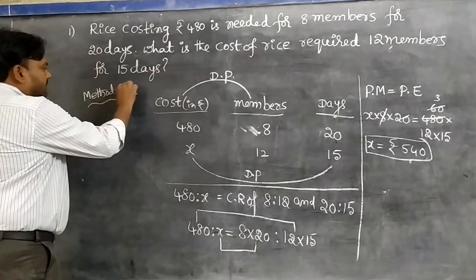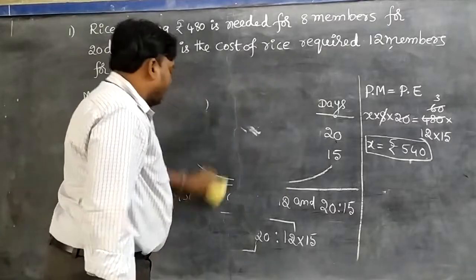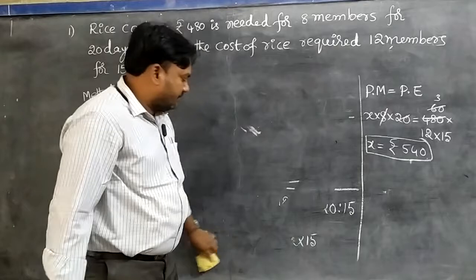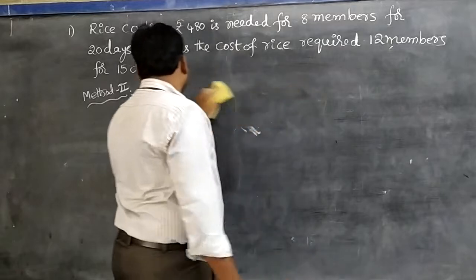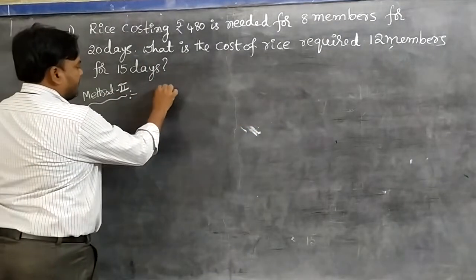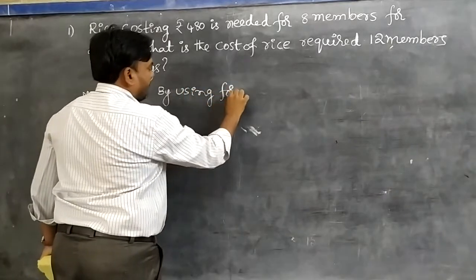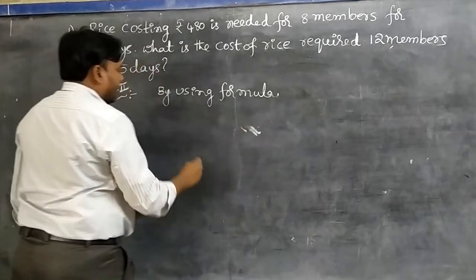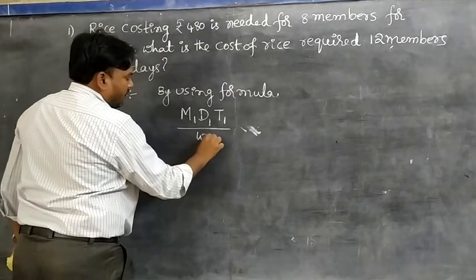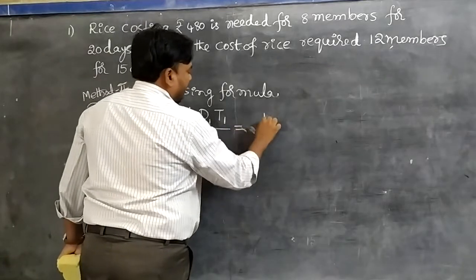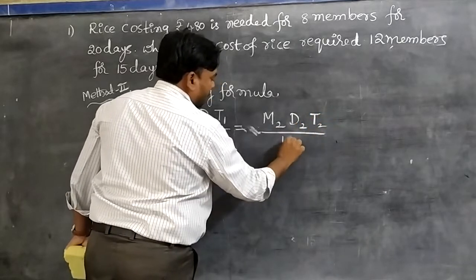Method 2, by using formula: M1 D1 T1 by W1 equal to M2 D2 T2 by W2.